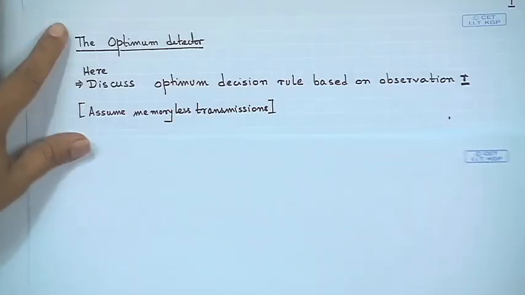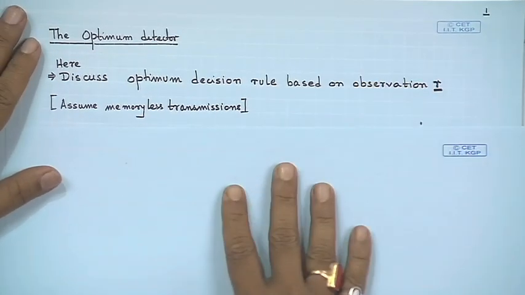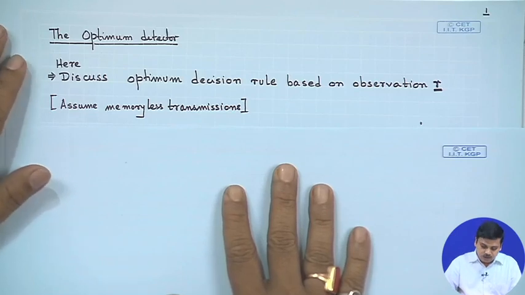So now at the receiver, we have the signal components which are corrupted by noise, and the job of the detector would be to identify which of the possible M signals this particular vector represents in the best possible way.